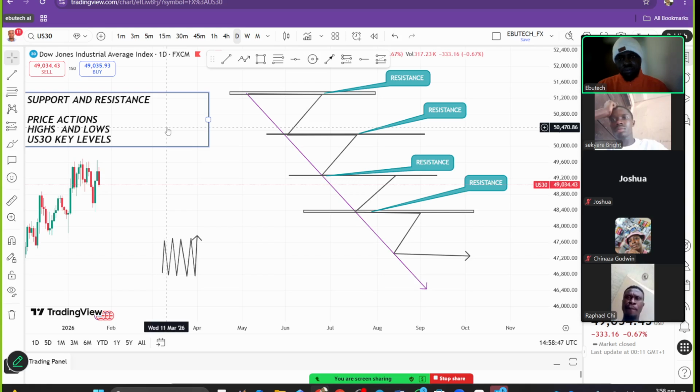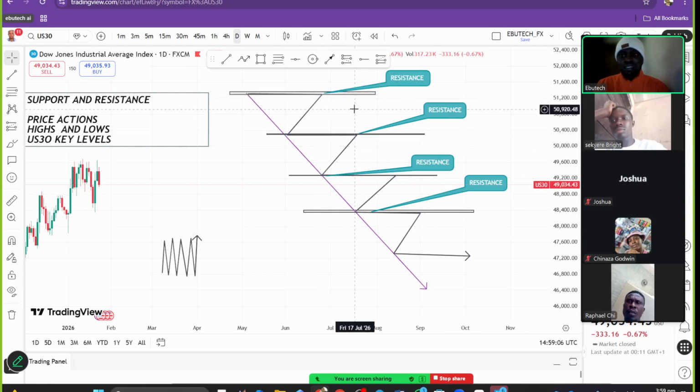Now, this is resistance, this is support, resistance, support, resistance. You understand? So now what you are looking at is, where am I going to be selling the market, since you have already identified that the market is a downtrend.